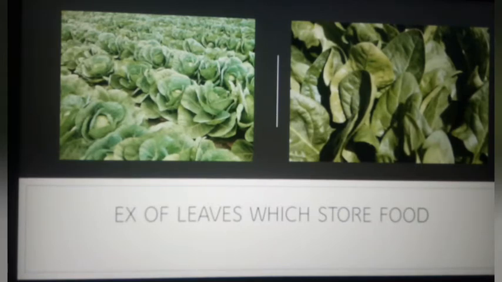For example, we choose cabbage because its leaf is very healthful for us, and spinach, its leaf is also very good for our health. So we are eating its leaf, and in some plants the stem has nutrients, so we eat those plant stems.